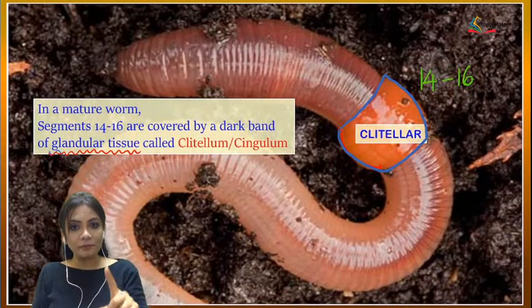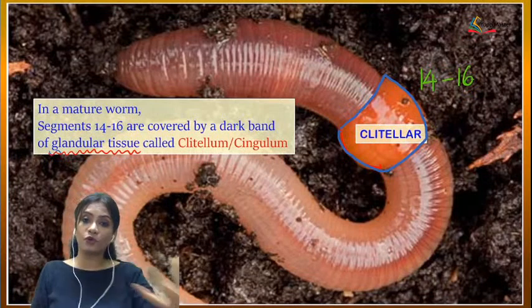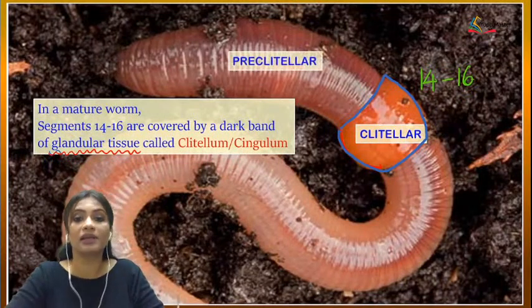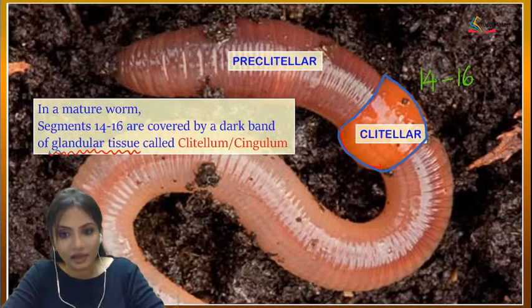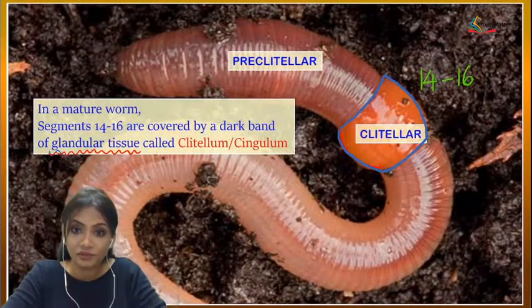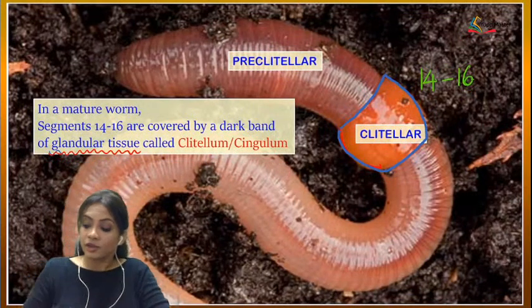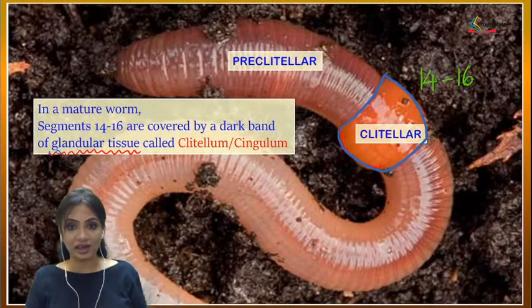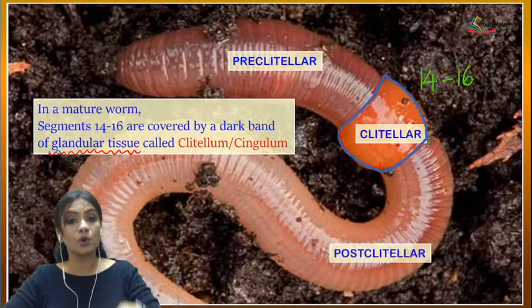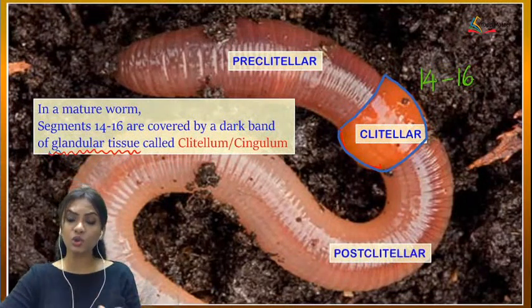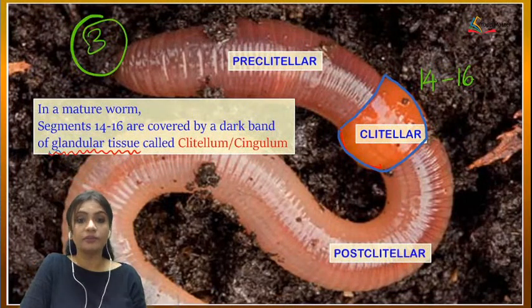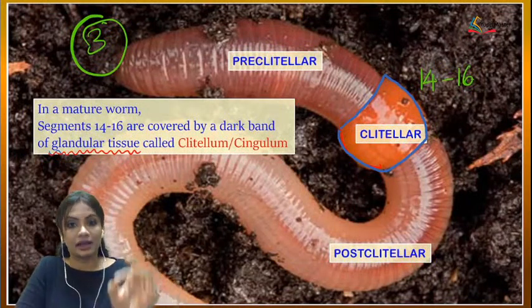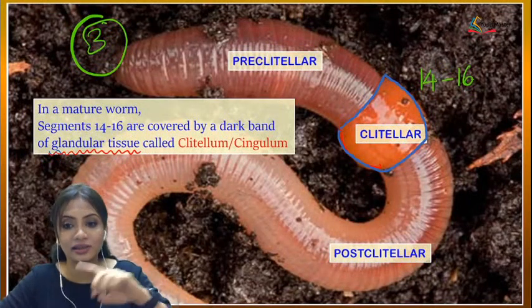The first region, before the clitellum, is called the preclitellar region. Second region, the clitellum itself, that is the clitellar region. Third region, the whole part of the earthworm after the clitellum, called the postclitellar region. So 3 parts of the earthworm: the preclitellar, the clitellar and the postclitellar region.